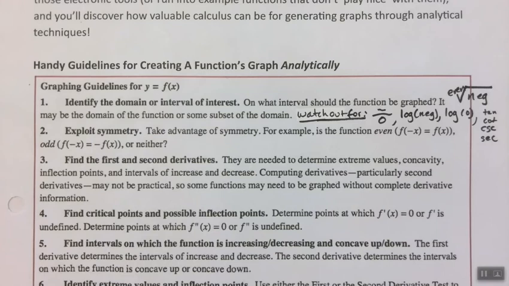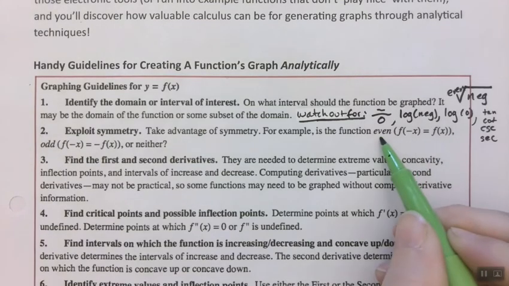The next thing we want to talk about is exploiting symmetry. So there are certain types of symmetries in a function that we learned about in precalculus. Namely, if a function is even, that means that f of negative x is equal to f of x.